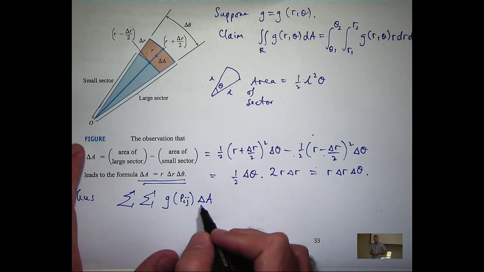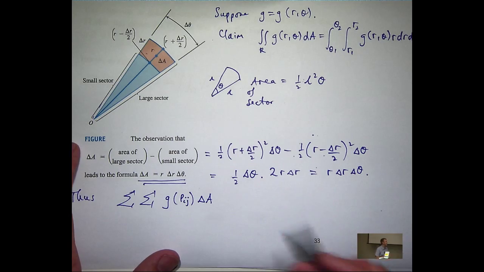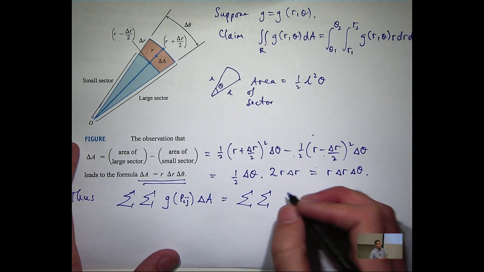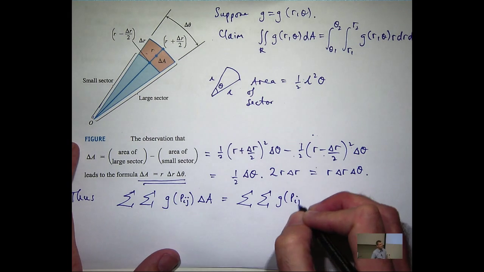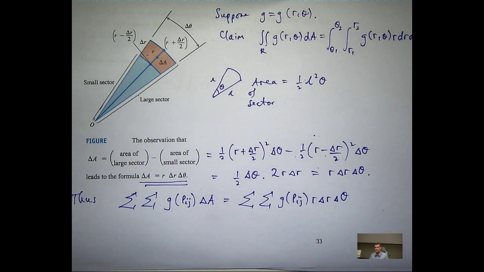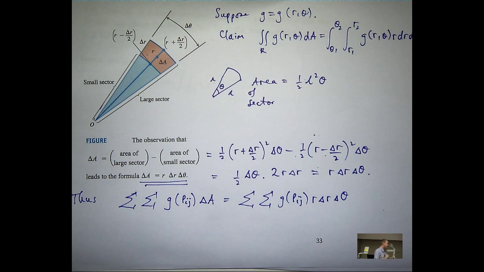And then I can replace delta A with this, and then take the limit.